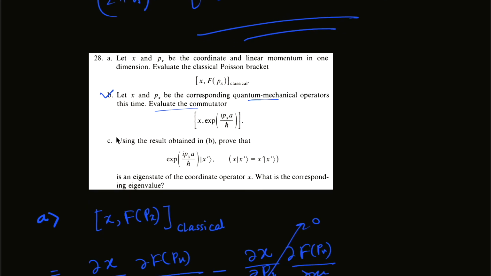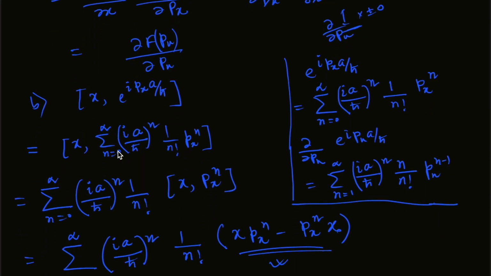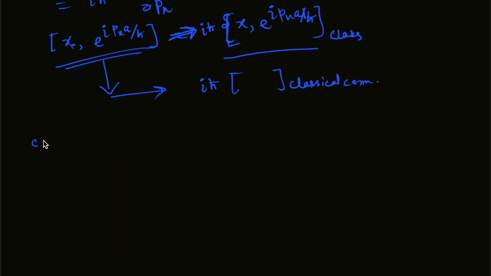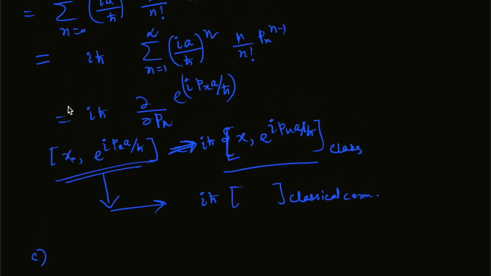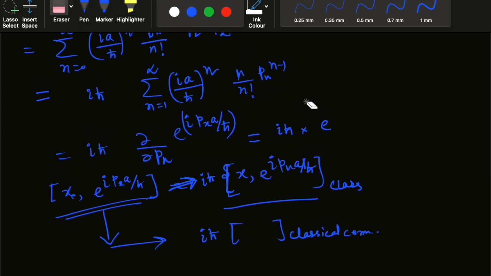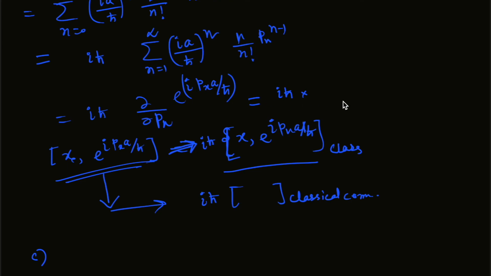Now let us solve question C. Let us see what the value is here. The value will be iħ times the exponential, and this comes out as i a/ħ, which gives minus a e^(i px a/ħ).